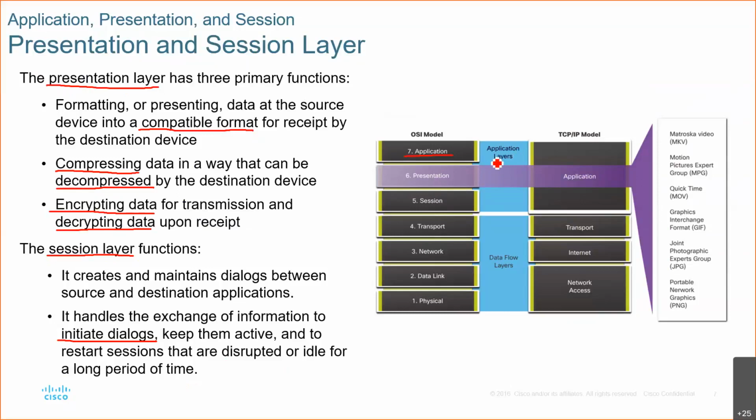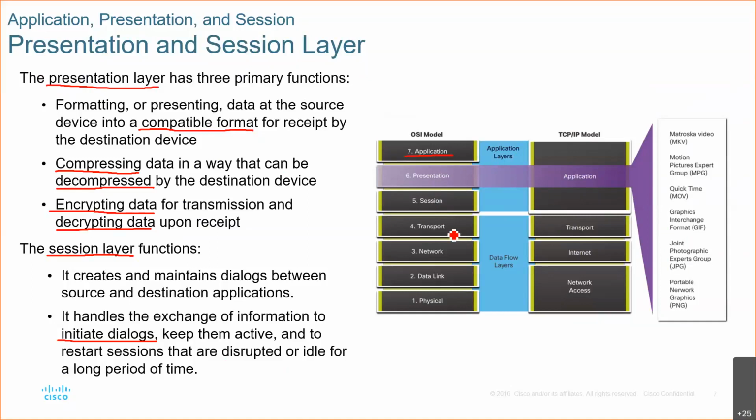so the application layer, after compressing, encrypting, okay, making the application communicate properly with the kernel, with your operating system, sends the message down to the transport layer.